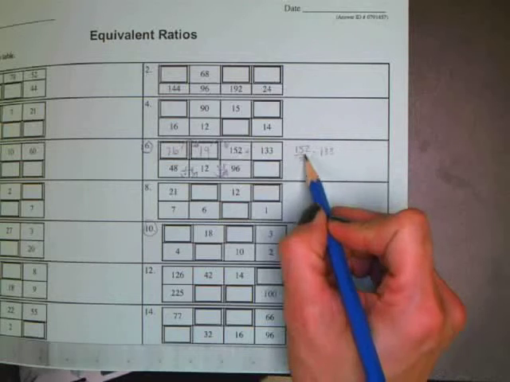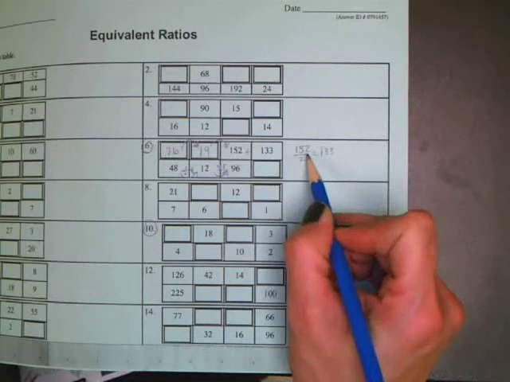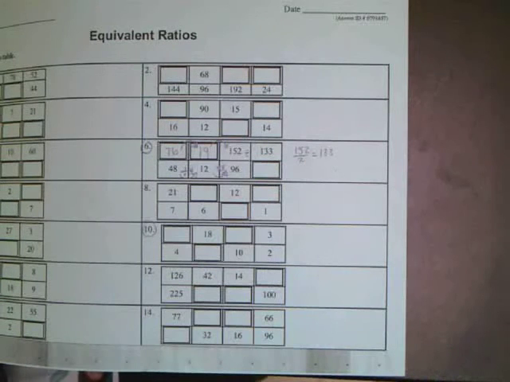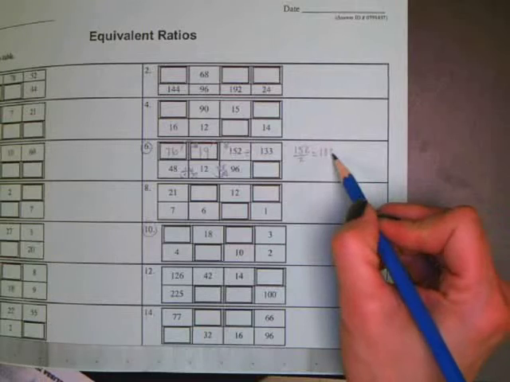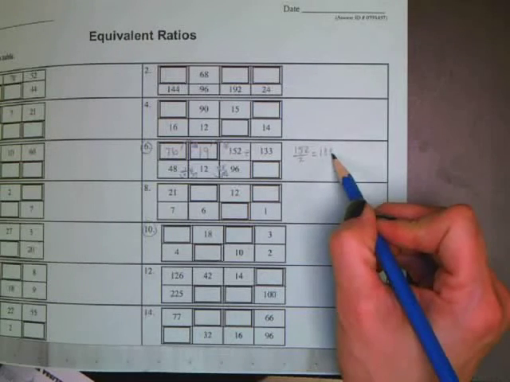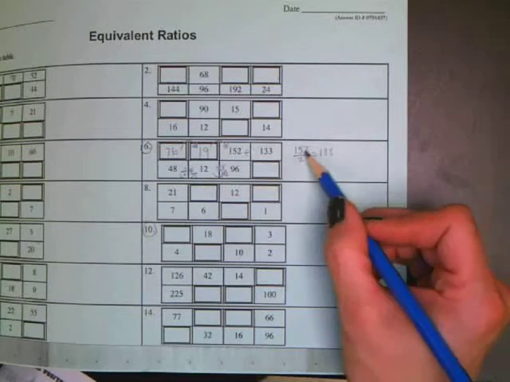So this x, this mystery number right here, I know is going to be pretty small. And so I could think about what I could multiply 133 by in order to get to 152.